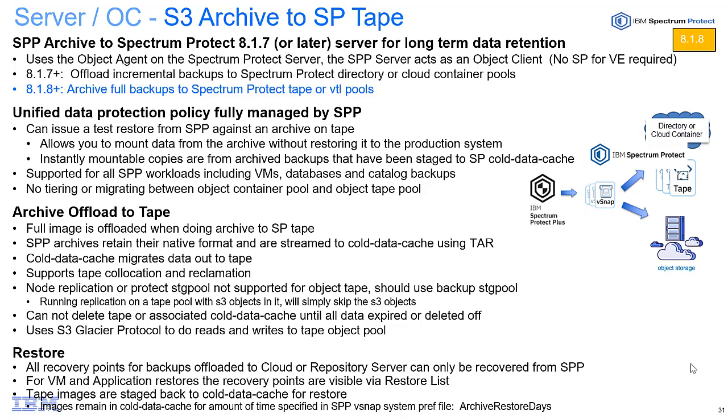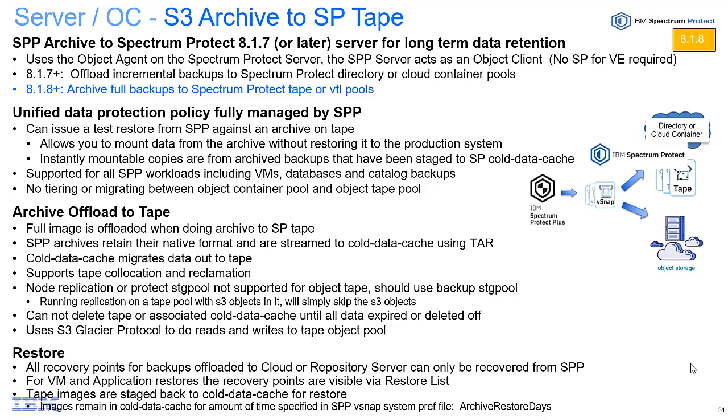Now, back in version 8.1.7, we introduced the idea of Spectrum Protect acting as an object agent with an object client being Spectrum Protect Plus, and that Spectrum Protect Plus object client could send data to Spectrum Protect via S3 and store it in an object storage space.